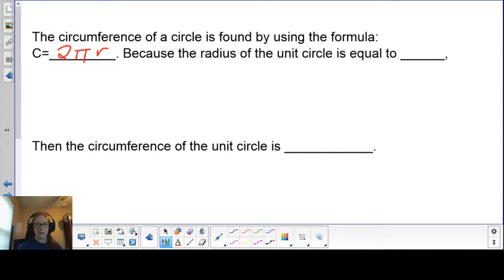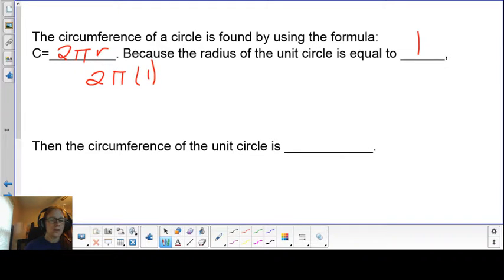Well, because the radius of the unit circle is equal to, what was the radius again? Right, it was 1. Because it's equal to 1, we can go ahead and determine what my circumference is going to be because I have that missing piece. I have that variable. So let's plug it in. So I have 2 pi times my 1.